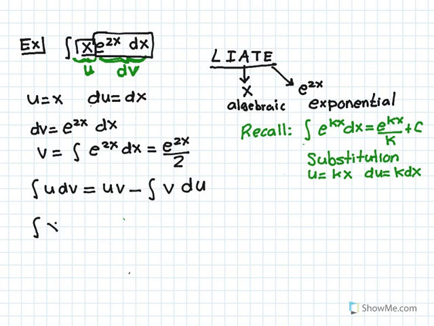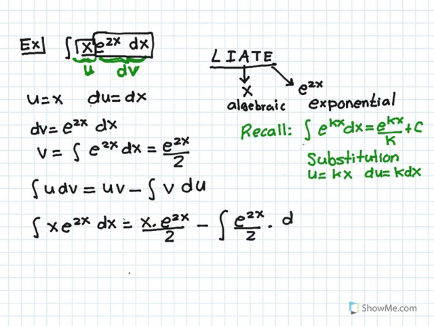So integral x e to the 2x dx, that's equal to u times v, that's x, times e to the 2x divided by 2, minus integral v, which is e to the 2x divided by 2, times du, that is dx. 1/2 is a constant, it passes through the integral, so we get x e to the 2x divided by 2 minus 1/2 integral e to the 2x dx.